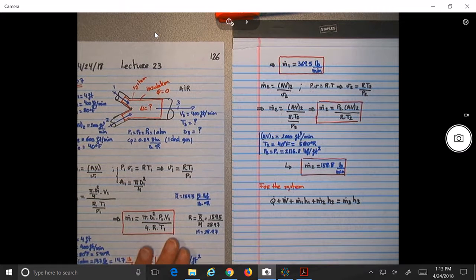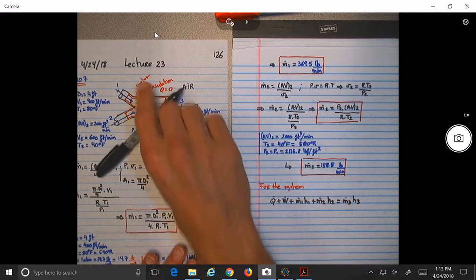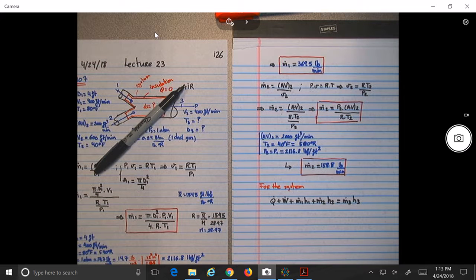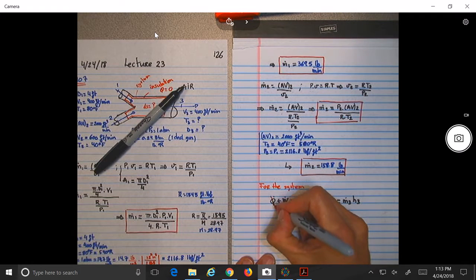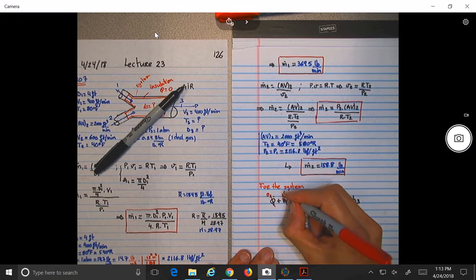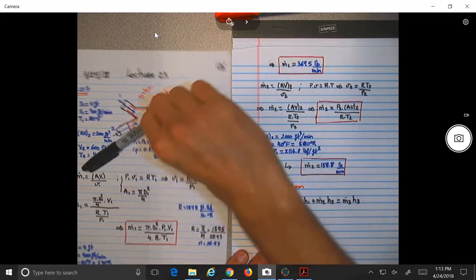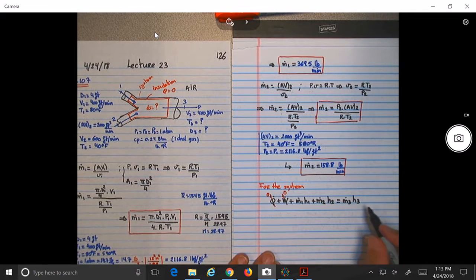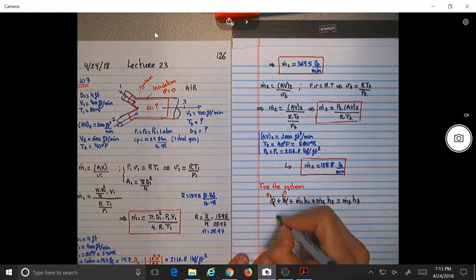Okay, so from the figure, since we have insulation, what should be the amount of heat transfer? Zero. Is this pipe doing any work? So basically over here, we need to solve for H3. H3 will be equal to what?